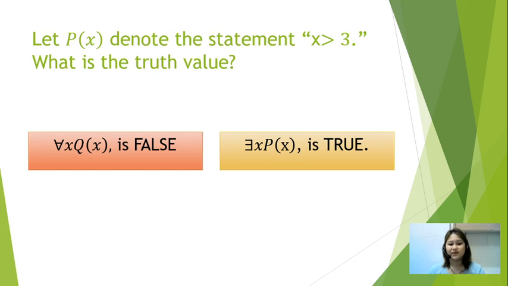But since not all real numbers will satisfy the statement x greater than 3, the truth value for the universal quantifier is false. Because if the value of x is 2, mas maliit ang value kesa sa 3, so mali na po siya. Medyo mahigpit po siya. Hindi po pwedeng isa lang, hindi po pwedeng dalawa lang.